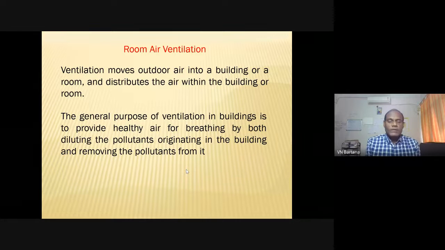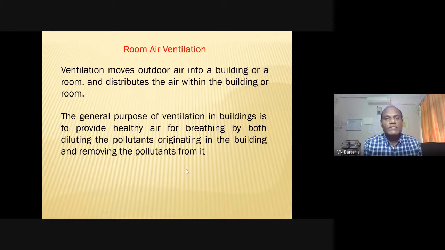So as of now, we could understand the indoor air quality and the need for good quality air within the building, inside the room, or inside a house and offices. Room air ventilation. Ventilation moves outside air into a building or a room and distributes the air within it.